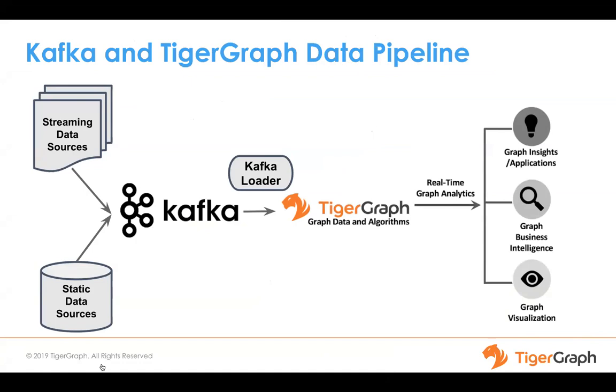And then between Kafka and TigerGraph, we have this new feature, Kafka Loader, and it will load the data into TigerGraph. And from TigerGraph, you can work on your graph analytics and using the algorithm to do the real-time graph analytics and feeding into your applications and business intelligence application or your graph visualization tool.